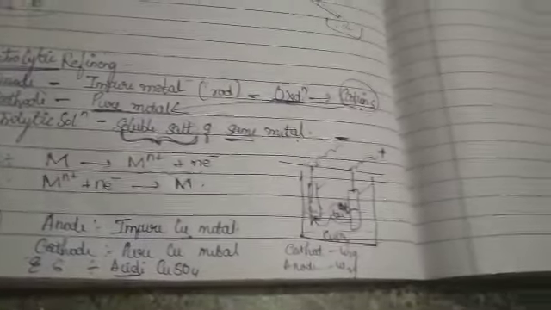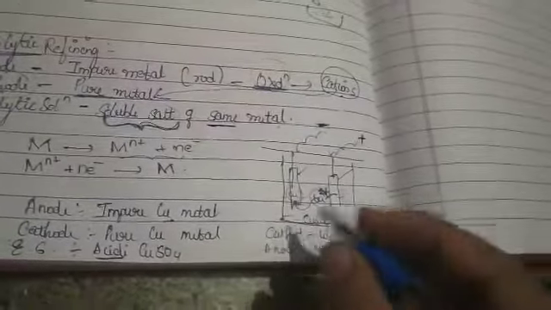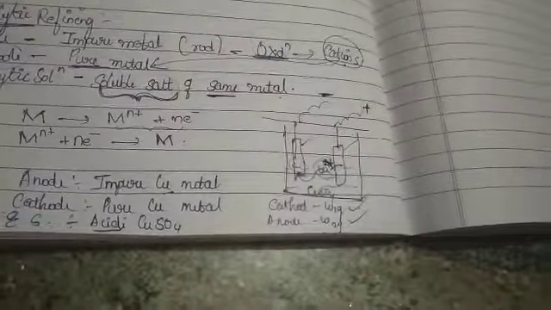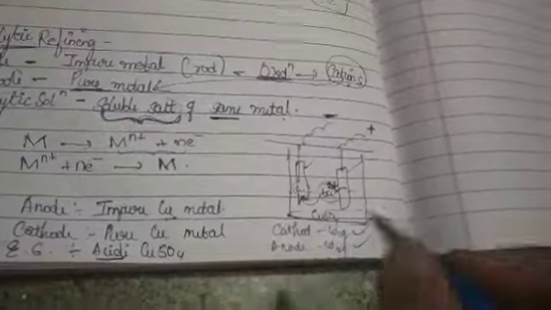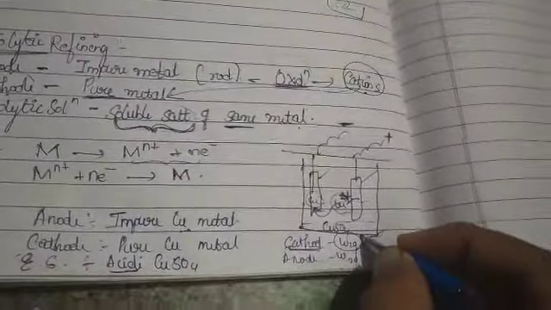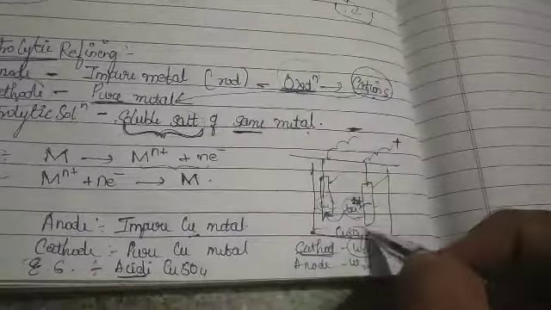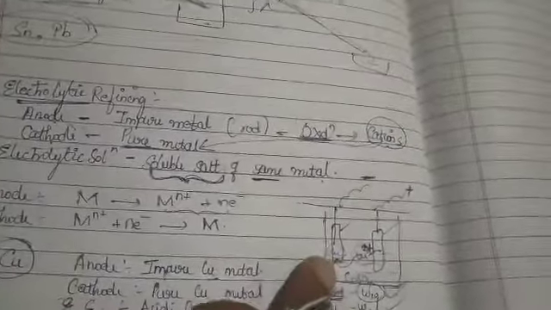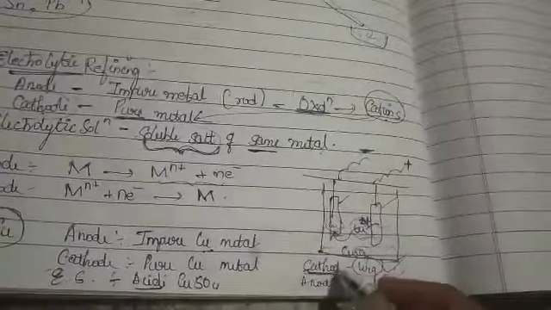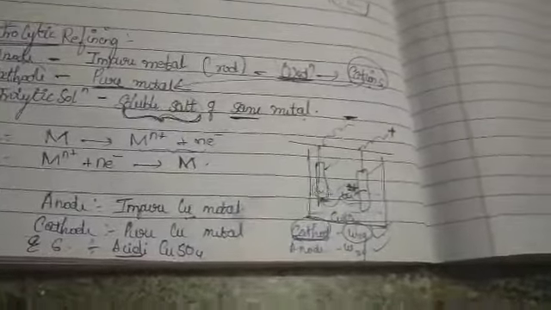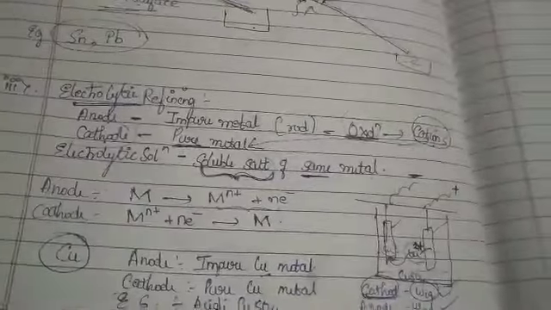It's a common sense question: will the cathode's weight increase or the anode's weight increase? Yes. After electrolysis, the weight of your cathode will increase, because the metal present at the anode goes and sits on top of your cathode, thereby increasing the weight of the cathode. This is the main process employed in electrolytic refining.